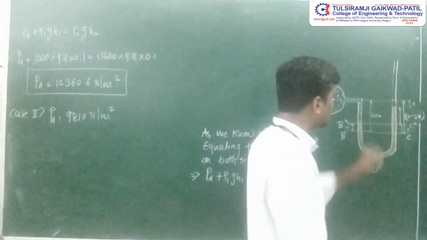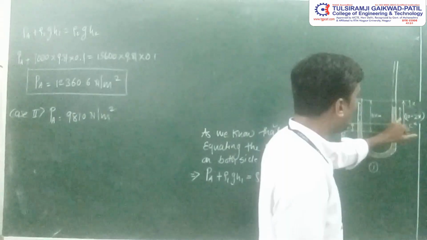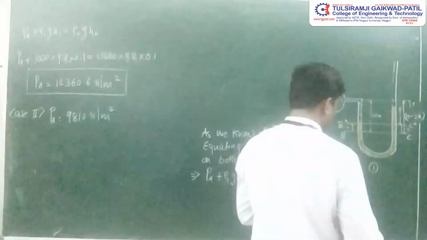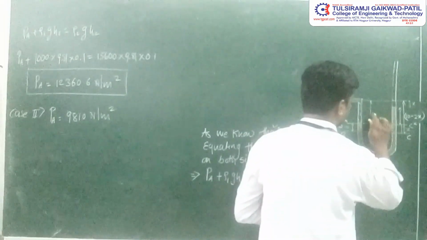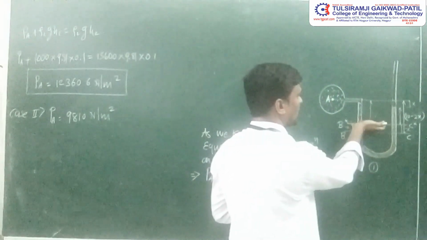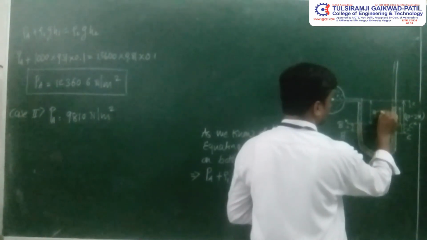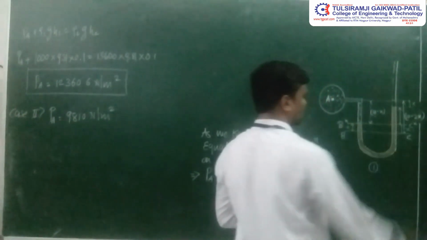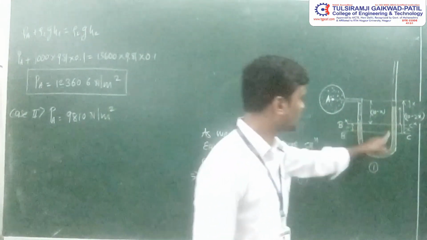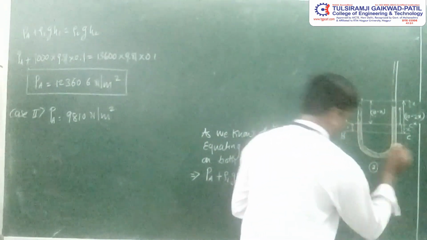So the distance of the mercury above the datum on the right side will be 10 minus 2x, and the distance from the new datum line above the datum line on the left side of the limb is 10 minus x. This much distance remains after the rising of the mercury on the left side. So this is the new diagrammatic representation for the second case.